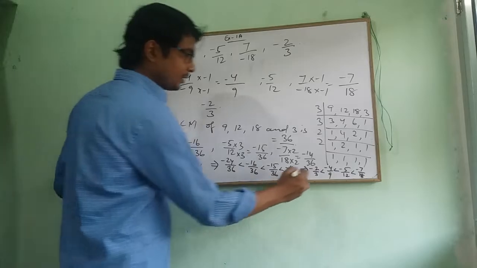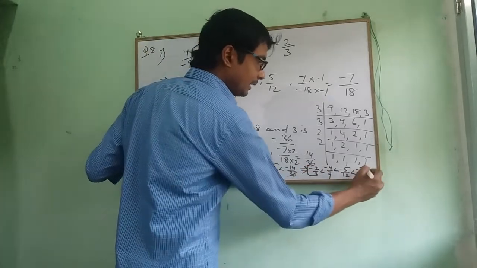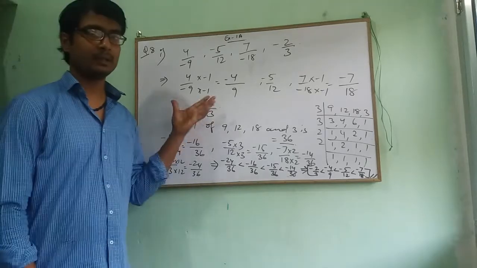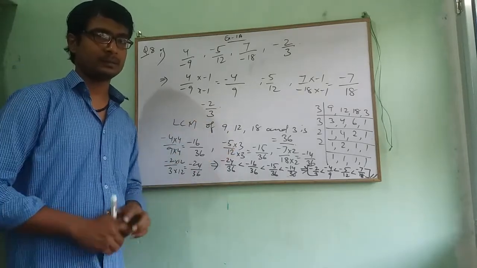So I have arranged the rational numbers in ascending order. You can pause it and have a look at this process.